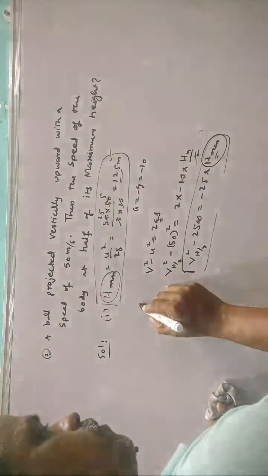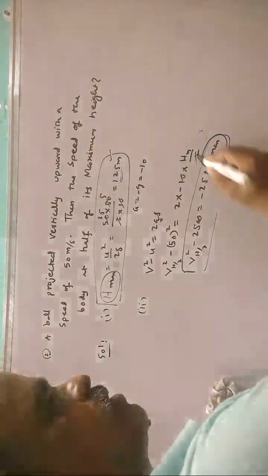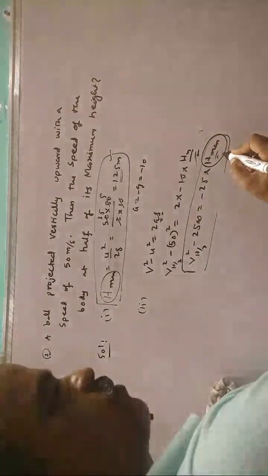Then go for the second: v square is equal to 2as. Here s equal to h maximum by 2.